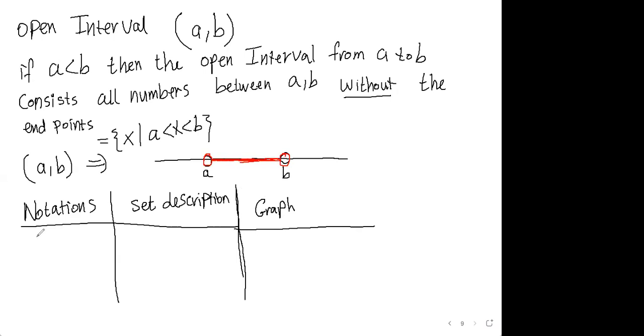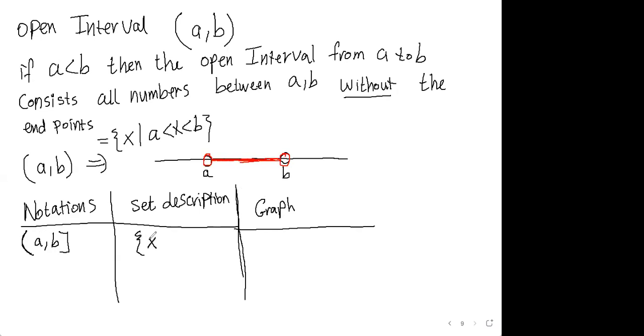So if we have something like A, comma B, but this is closed and this is open. If it's open on the side of A and closed on the side of B, this means the endpoint A is not inside the interval, but the endpoint B is inside the interval. How can I describe this one?